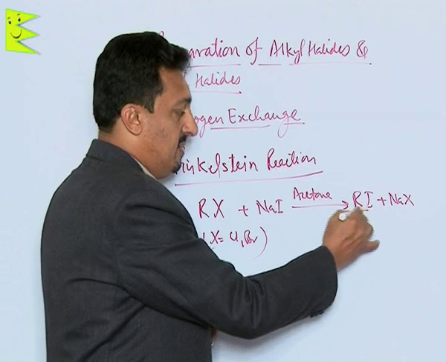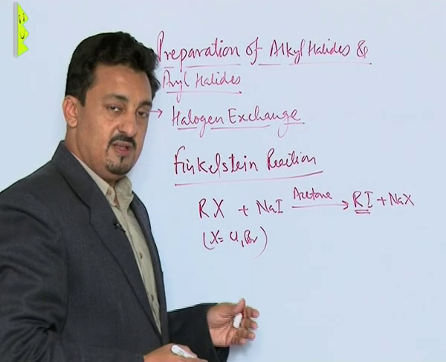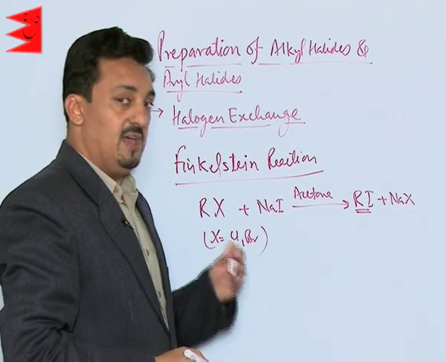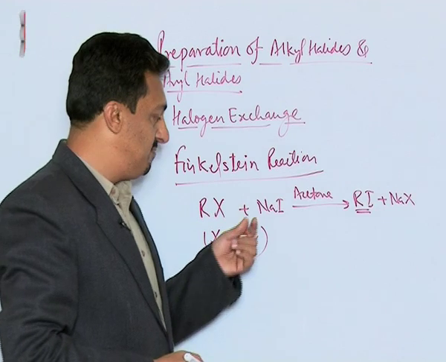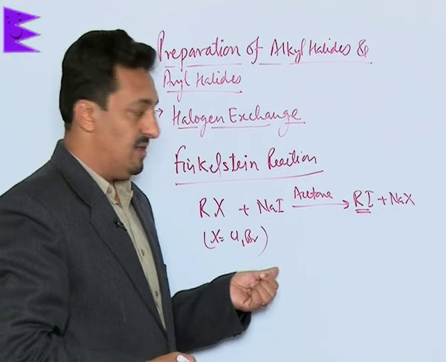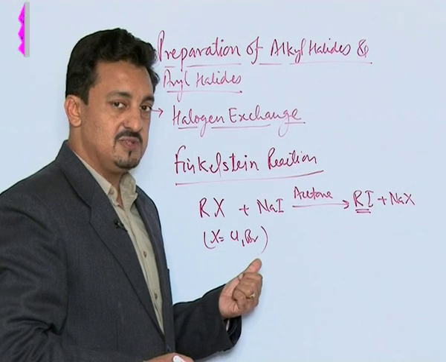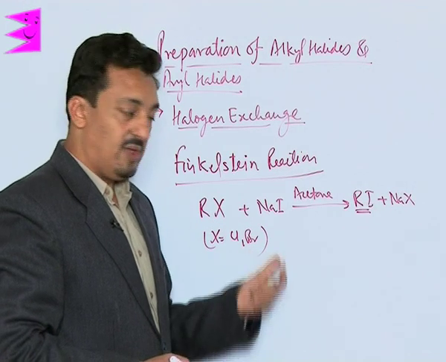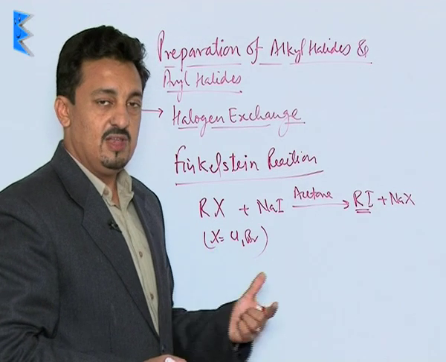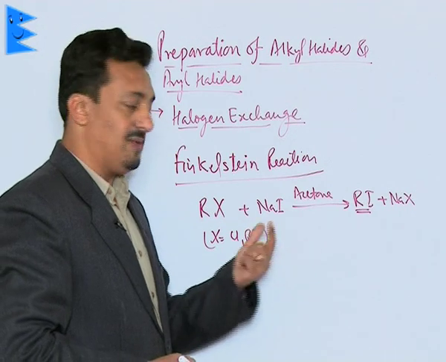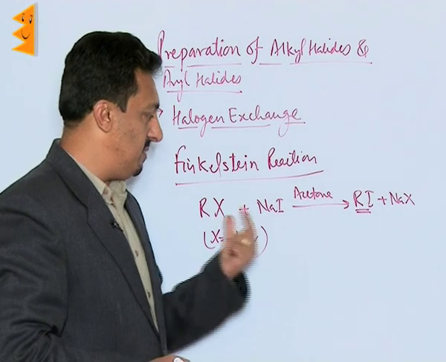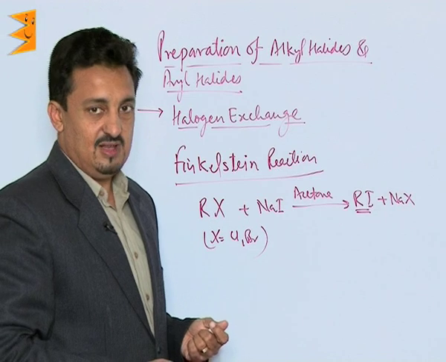So this is how the iodides can easily be prepared from the already prepared alkyl chlorides or bromides by simple halogen exchange. Now the reversibility of this reaction is not possible because chloride and bromide are not strong enough as nucleophiles to replace iodide ion. So that's why this reaction easily forms alkyl iodide.